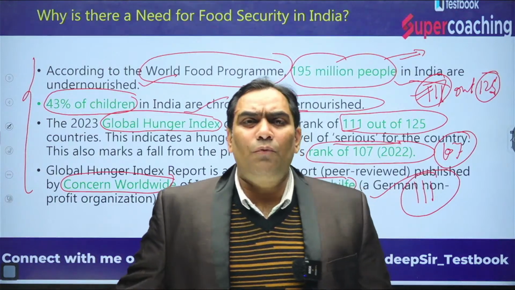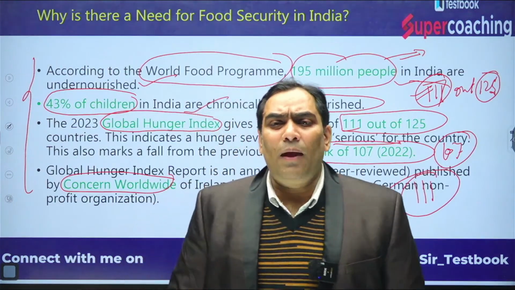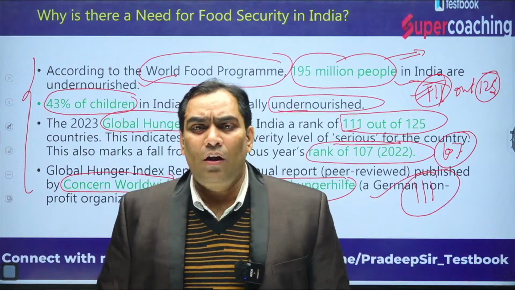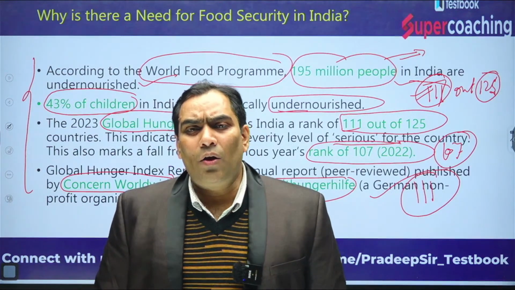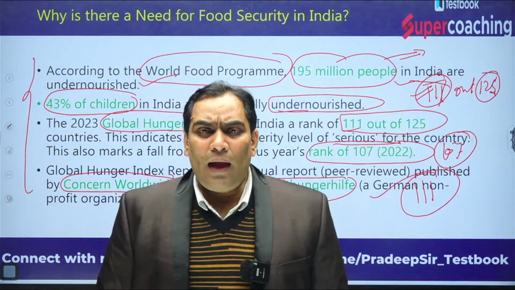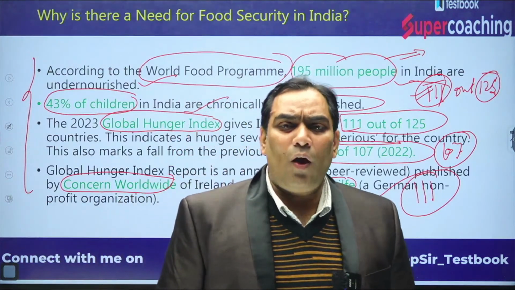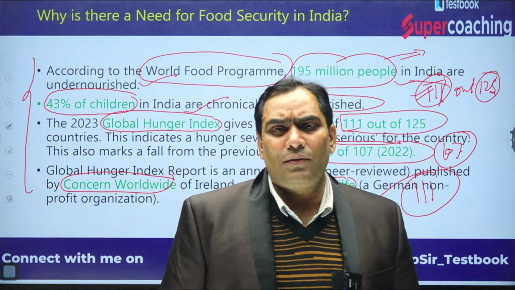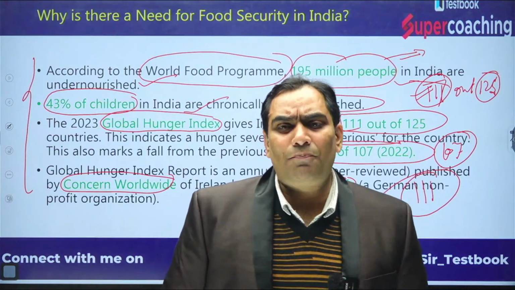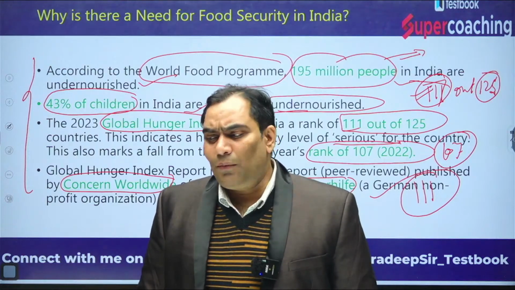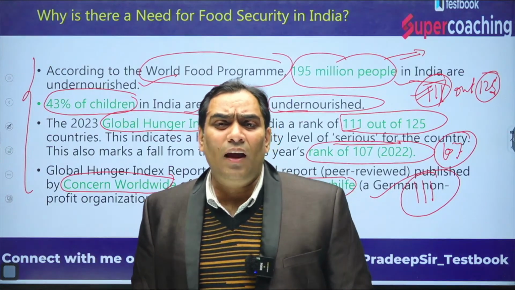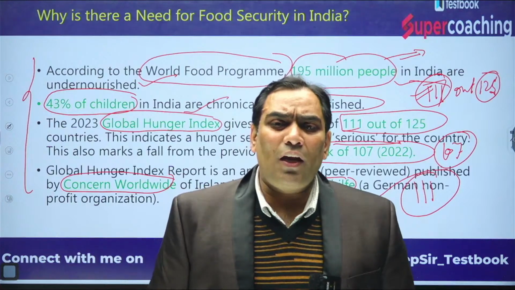As per the World Food Program, 195 million people are undernourished, 43% of children are chronically undernourished, and our rank is 111 out of 125 countries as per the Global Hunger Index. That means hunger has increased in India, and people are not getting two square meals.